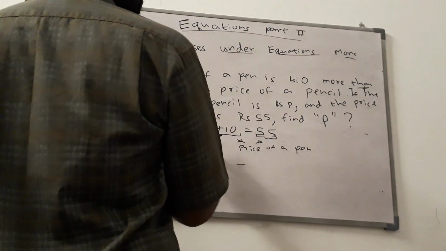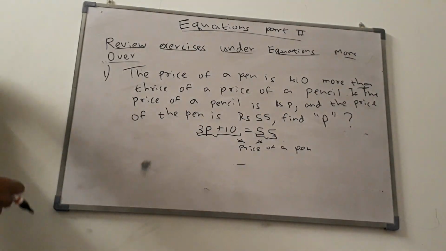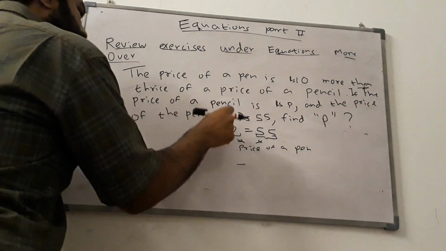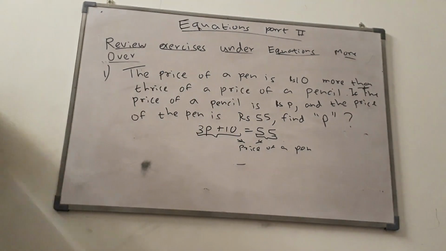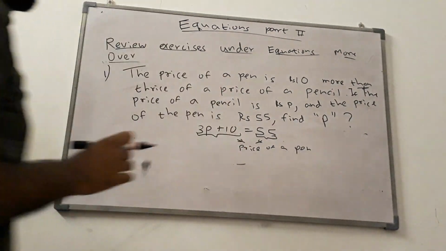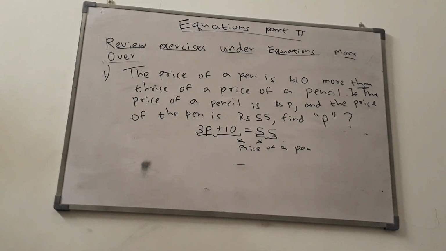Why is this 3P plus 10? The price of a pencil is P. Thrice the price of a pencil means 3 times P. 10 more than that means you have to add 10 to 3 times P, or 3P. Now once we solve this, we can get the price of a pencil, which is P.